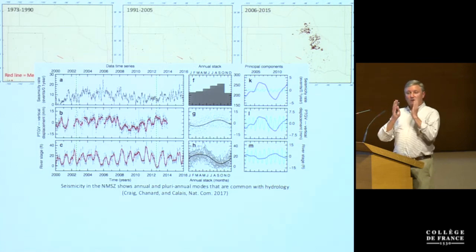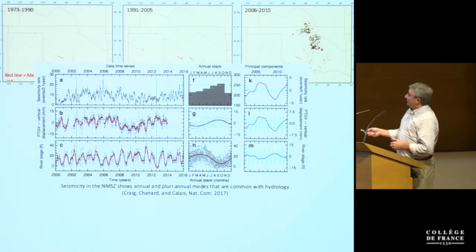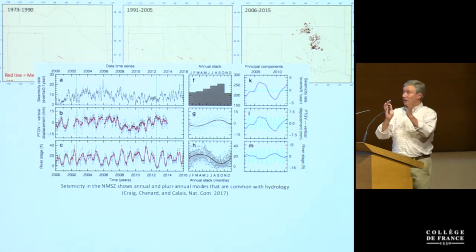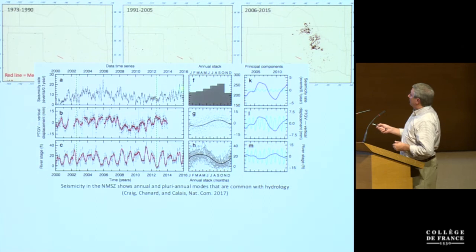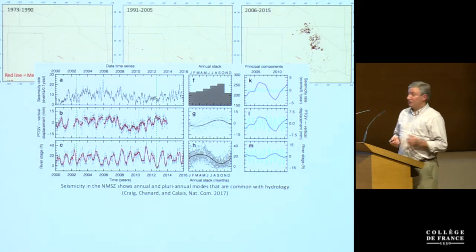So every year we take one month of earthquakes or displacement or river stage, and we compute the sum. And the first thing you can see here, let's look at the easy part first, is that obviously there is a seasonal signal in the vertical displacement and in the amount of water in the Mississippi River, and they are anti-correlated.